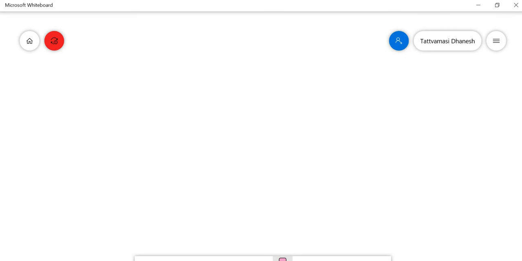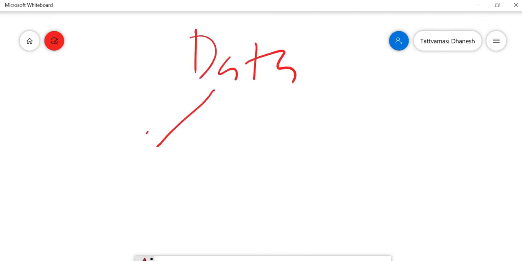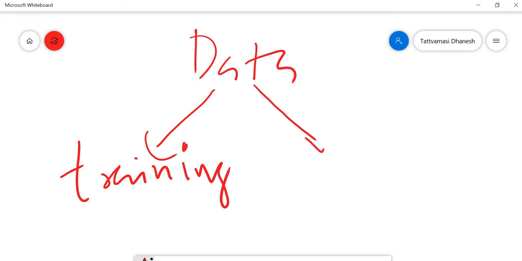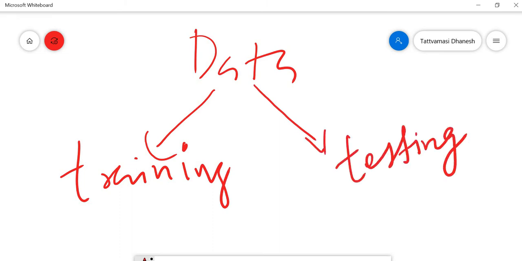These things you already know. Data can be classified into two: one is the training data, and the second part we call the testing data. Training data is also known as labeled data.